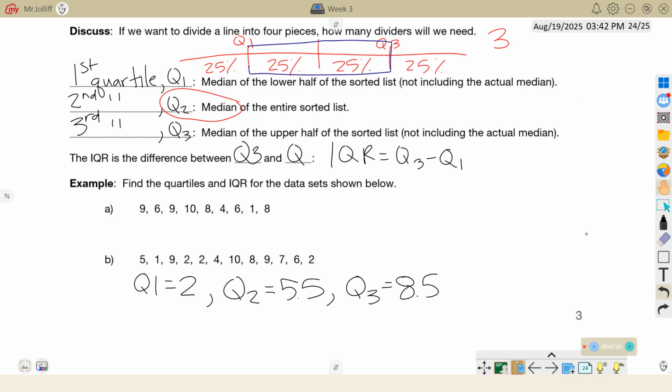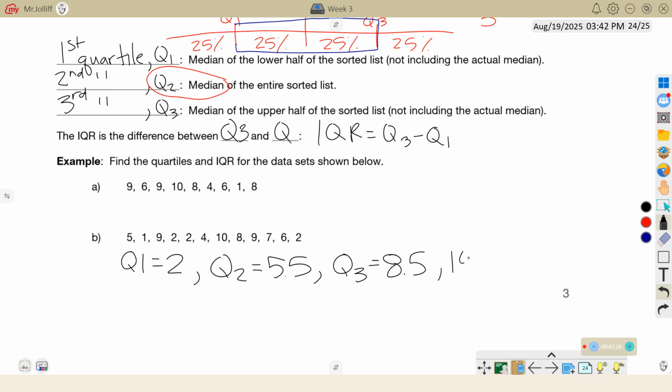I'm going to subtract. So IQR is equal to Q3 minus Q1. 8.5 minus 2 is 6.5. Nice. The calculator does the heavy lifting. It spits out our quartiles. We just got to subtract Q3 minus Q1.